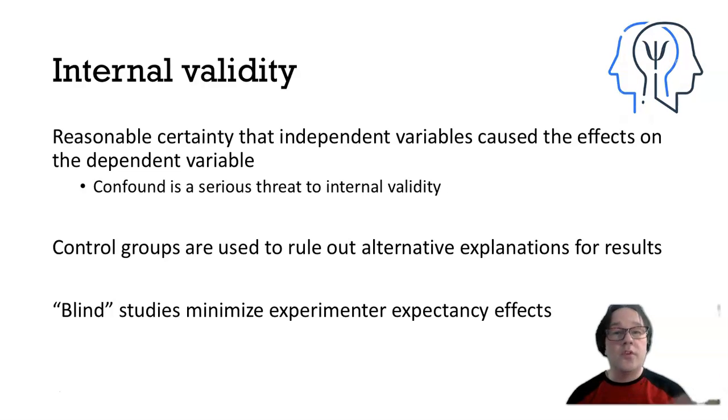I might see more improvement in them. Why? Because I'm expecting them to be doing better than the person who is not on Prozac. Again, experimenters, researchers are human. We not only are capable of being biased, we try very hard, or we should try very hard, to recognize our biases and put some protections in place.